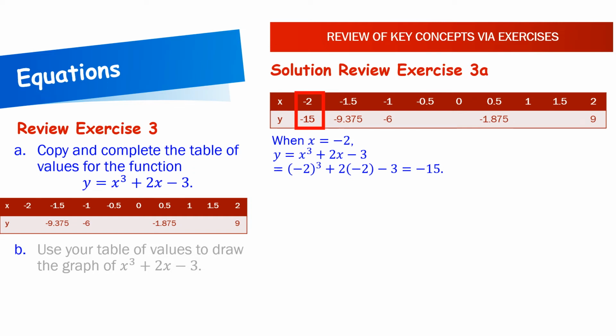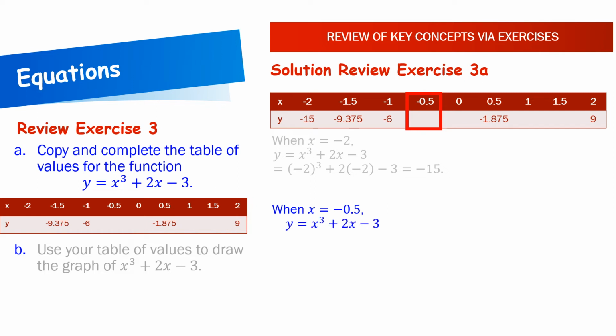And then we plug this into our table. Similarly, when x equals minus 0.5, we plug in x equals minus 0.5 into our equation, as shown, to give y equals minus 4.125.